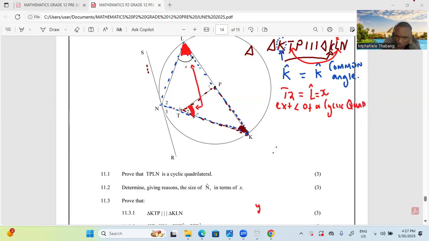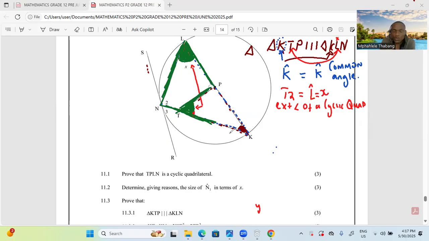The angle outside a cyclic quad. Do not forget that we have proven that this shape is a cyclic quad. And I told you that the exterior angle of a cyclic quad is equal to the opposite interior angle. So that's why I'm saying T2 equals L equals X.